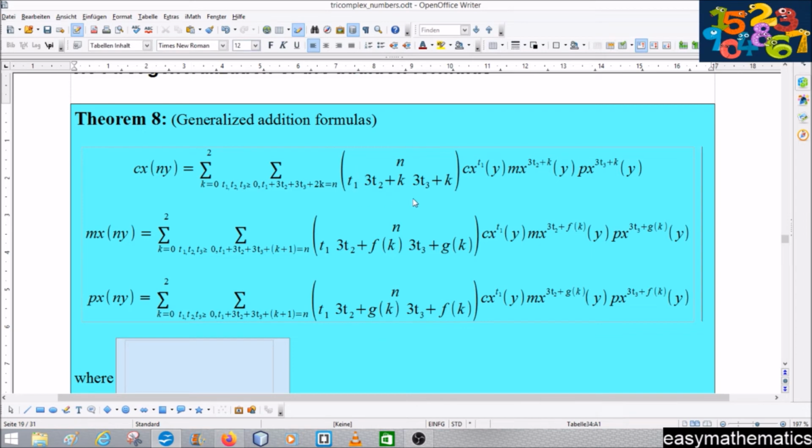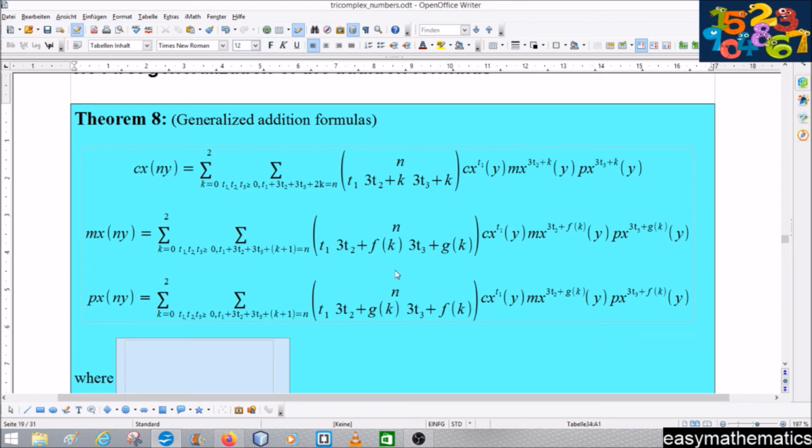And then in the trinomial coefficients we have a k here and a k here, and these elements of the trinomial coefficients also correspond to the exponents, okay? And here we have 3t2 plus f of k and 3t3 plus g of k, which also correspond to the exponents here. And here f and g change the role.